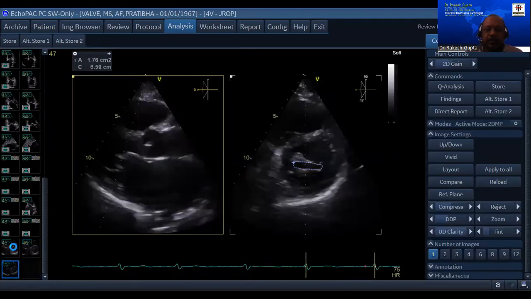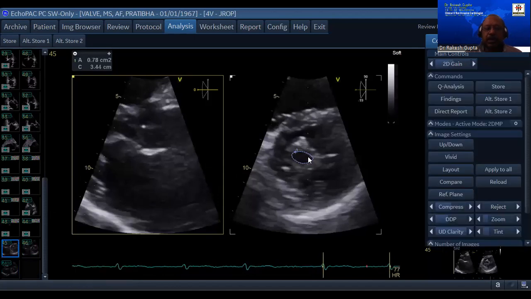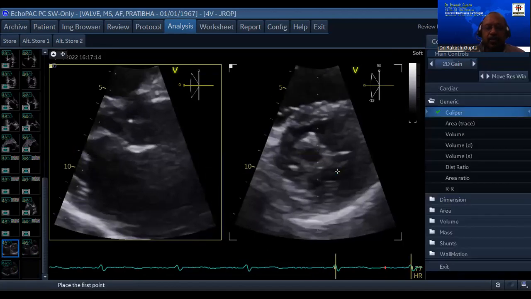Let me get rid of these measurements. This is AML, this is PML, this is the lateral commissure, this is the medial commissure. There's thickening and fusion of these commissures, which is a feature of mitral stenosis. No doubt about it. So we look at this thickening or fusion of these commissures.